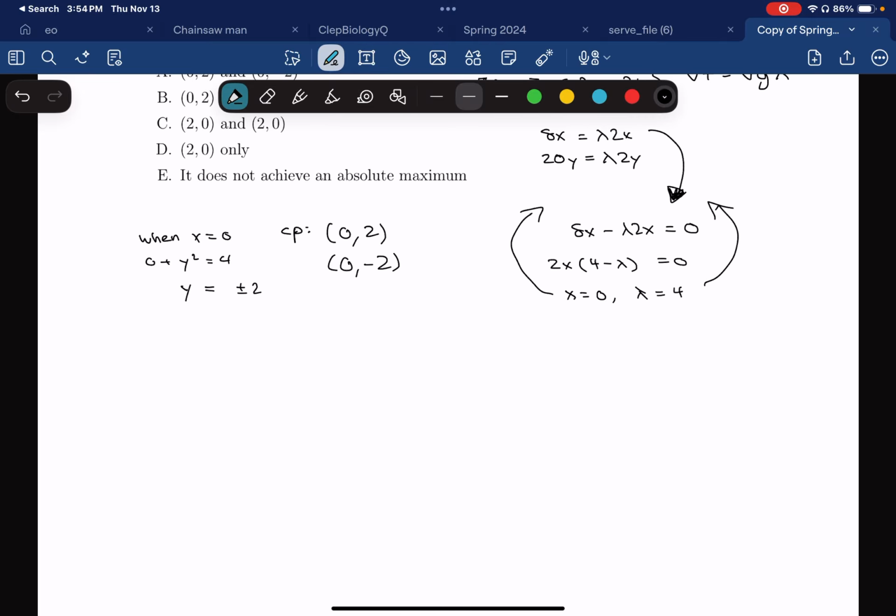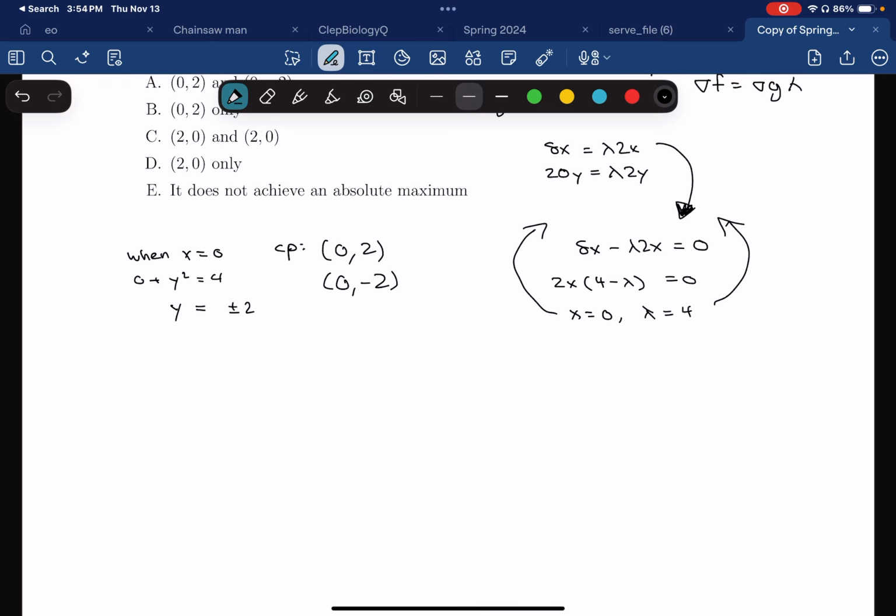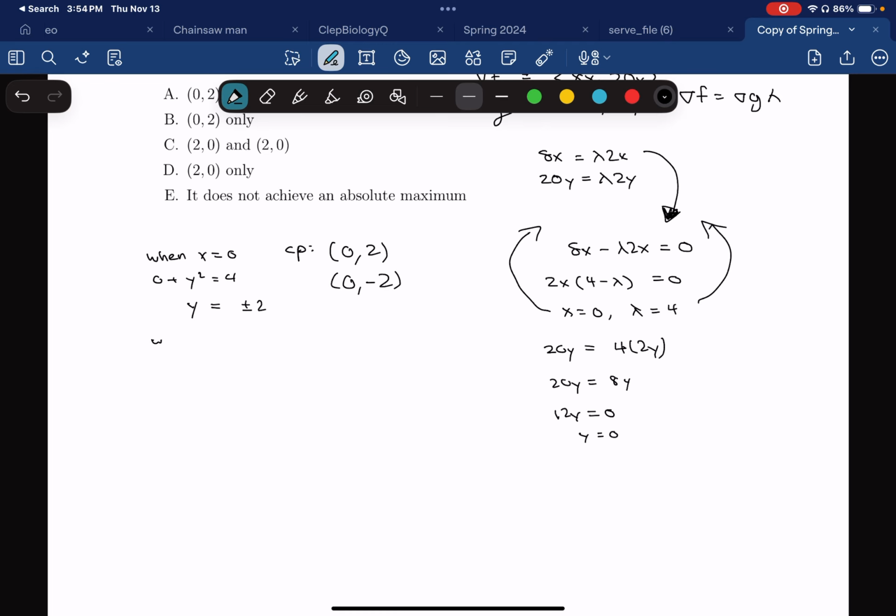If lambda is equal to 4, then we can say that 20y is equal to 4 times 2y. So 20y is equal to 8y. If we subtract both sides, we get 12y is equal to 0, so y is equal to 0. So when y is equal to 0, x squared plus 0 is equal to 4, which means that x is equal to plus or minus 2.